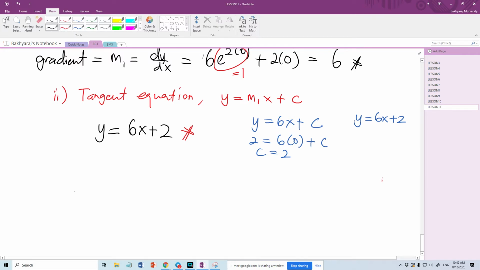Okay, now number 2. Okay, question 2. Question 2, I give you this. Y square equal x exponent 2x plus 3 with the coordinate of 0, 1.